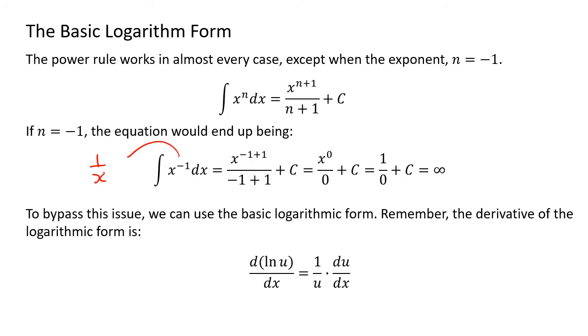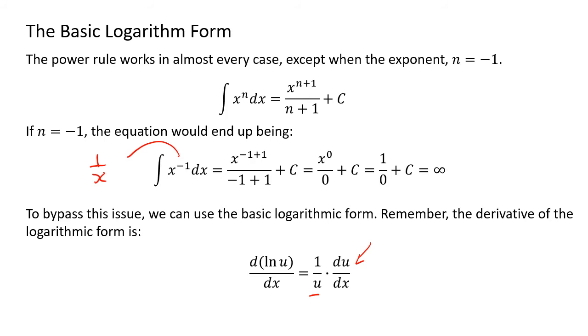Remember when we talked about 0 over 0 and infinity over infinity and having to use L'Hopital's rule. Okay, so the same thing applies here. But the basic logarithmic form comes to the rescue. Okay, remember the derivative of the ln function, ln of a function u, is 1 over that same function u times the derivative of it.